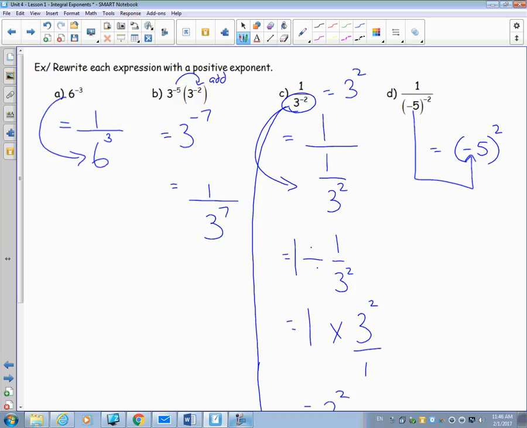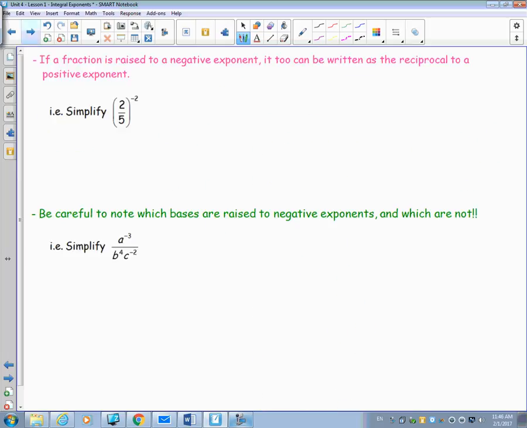Okay? Now, some things to be careful about. If you get a fraction, and the whole fraction is to a negative exponent, we can do that by writing the reciprocal to the positive exponent. So in this case, I've got 2 over 5 to the -2.